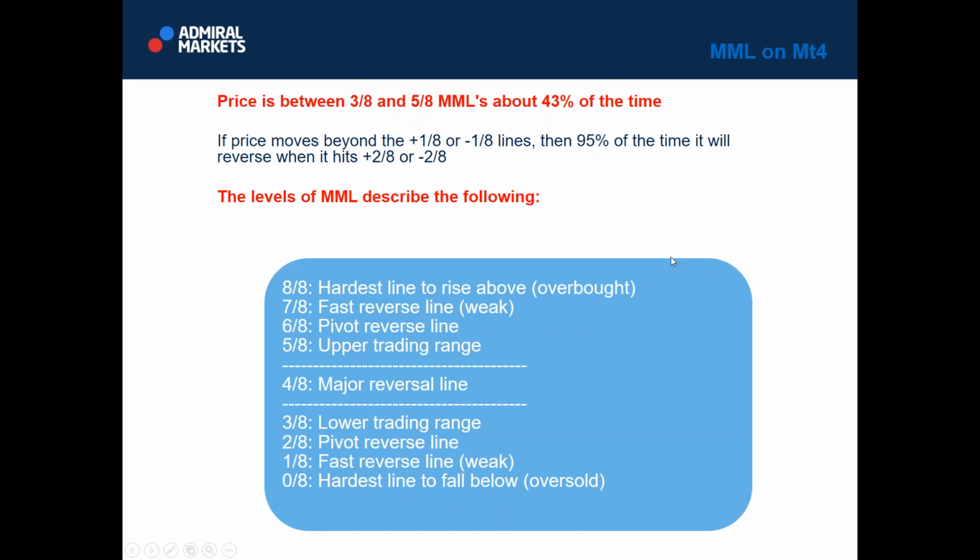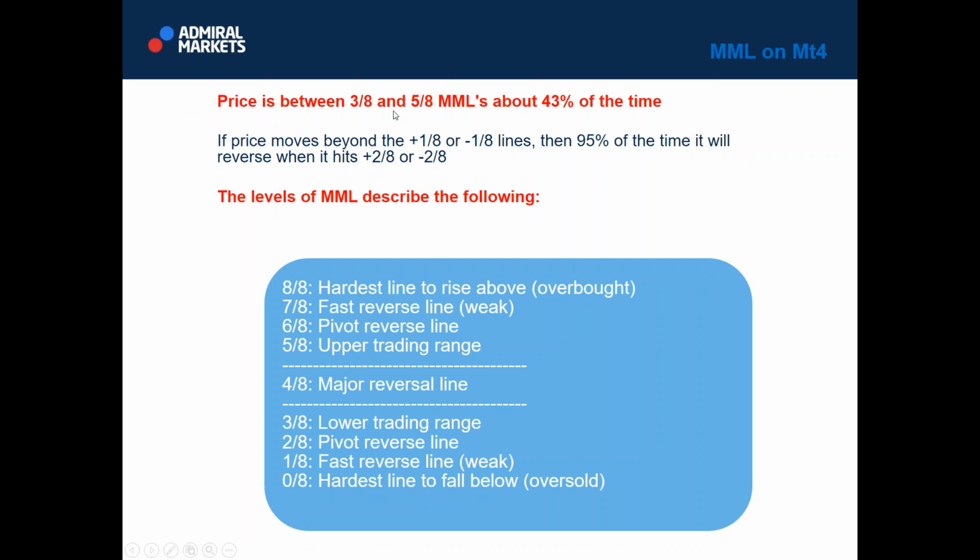And now this is where it gets interesting. This is what we need to pay attention to. Price is between 3.8 and 5.8 Murrey lines about 43% of the time. So it's similar to Camarilla, where the price tends to gravitate between L3 and H3 most of the time.